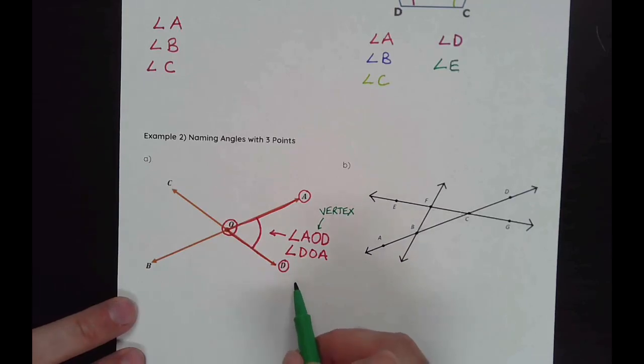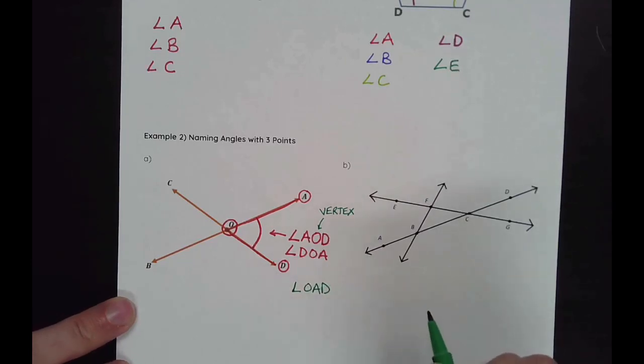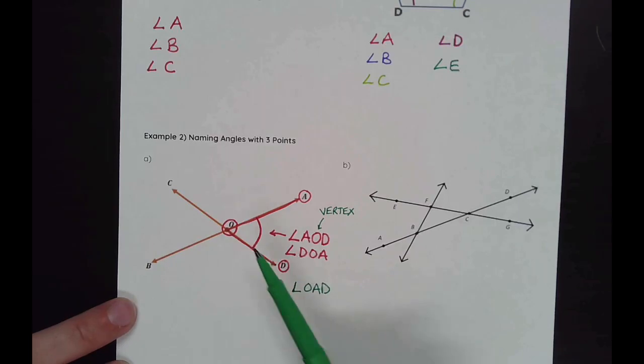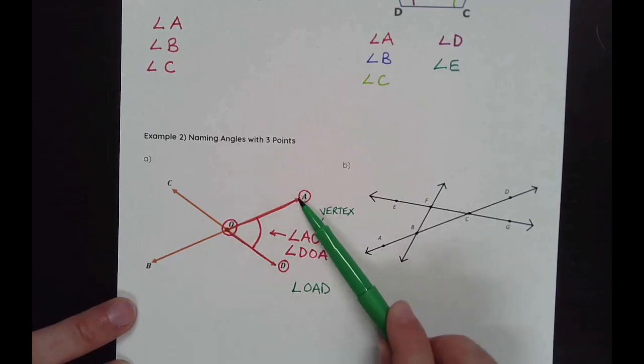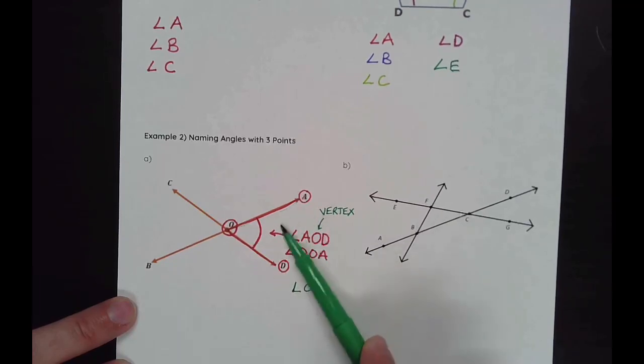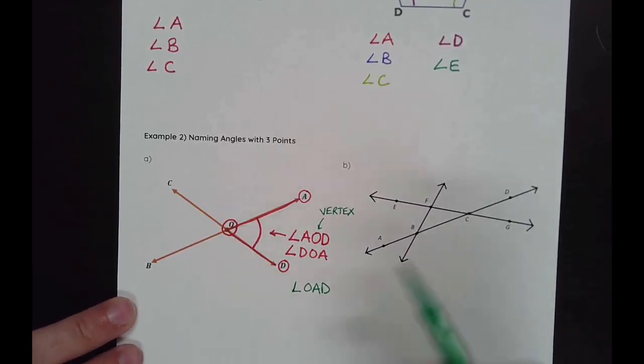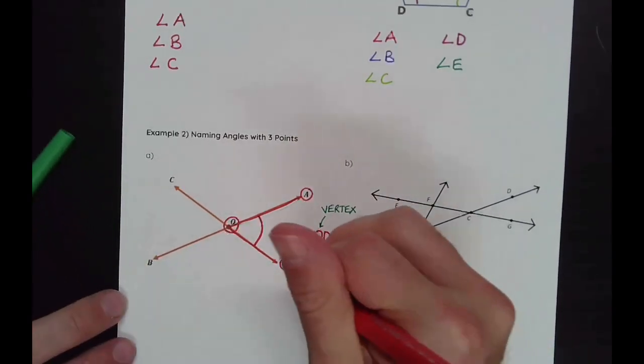Now, if I were to label this O, A, D, and I don't put that vertex in the middle, let's trace these letters in order. O, A, down to D. And we'll know that that's not even an angle. That's nothing that references this diagram. So this does not work.